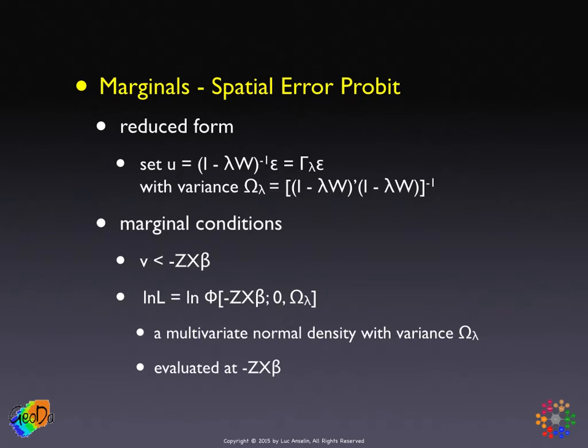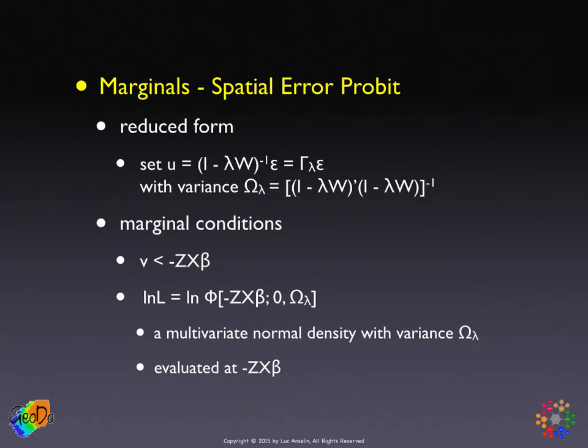The marginal conditions then are again V, either negative u sub i or u sub i, less than negative Z x beta, just as in the classic probit model. No need for the inverse transformation on the x beta. And the log likelihood is again a multivariate normal density evaluated at negative Z x beta. The mean is 0, and the variance covariance matrix is the expression above with the inverse.